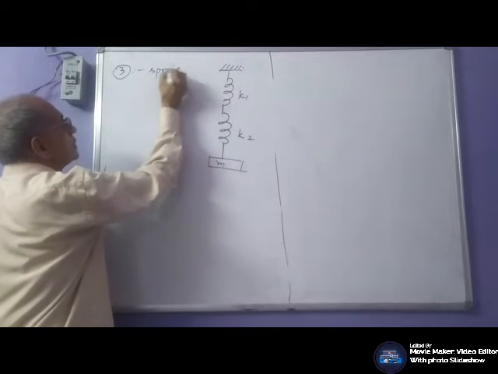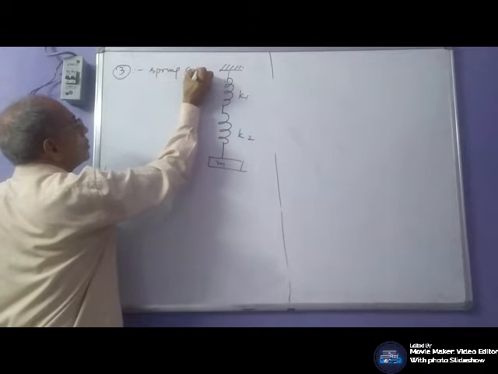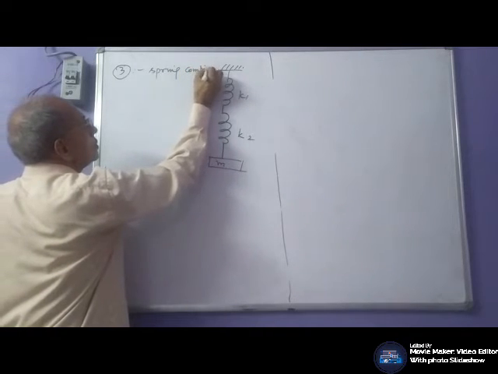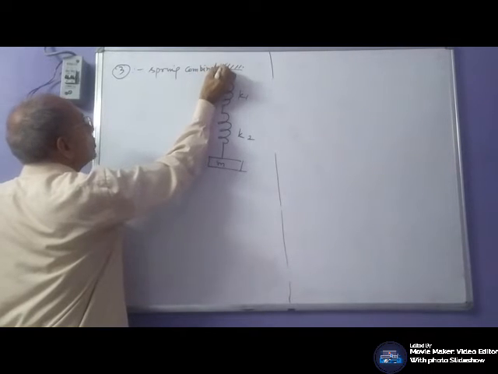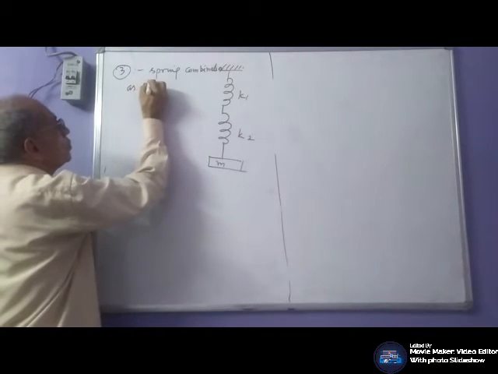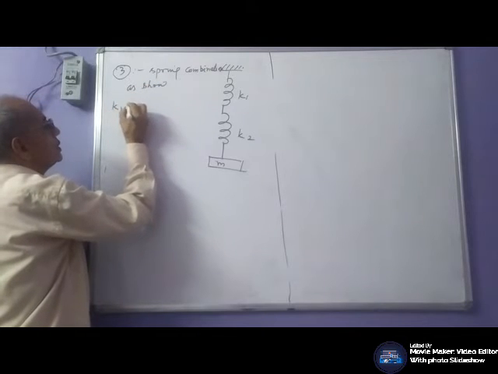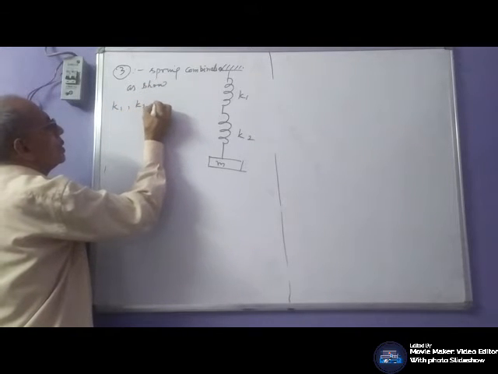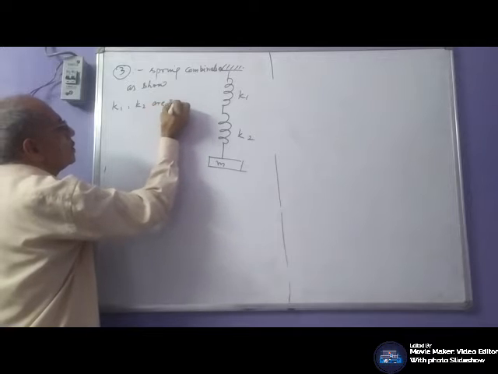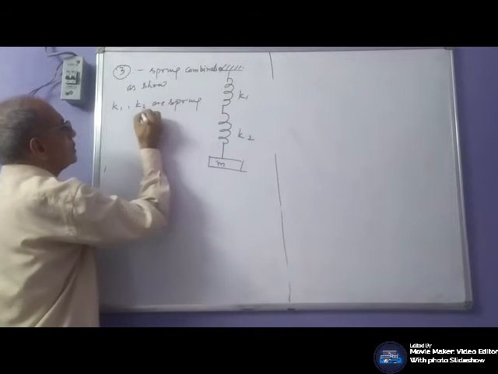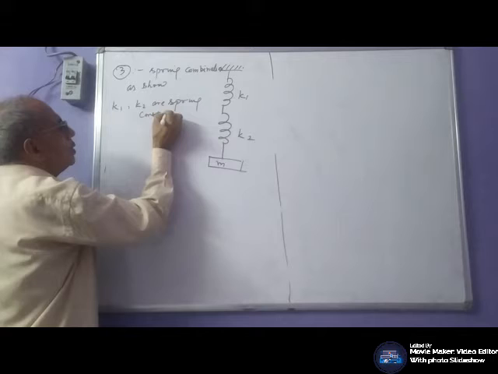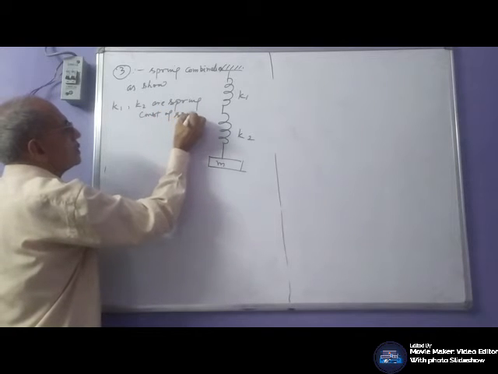As shown, K1, K2 are spring constants of springs.